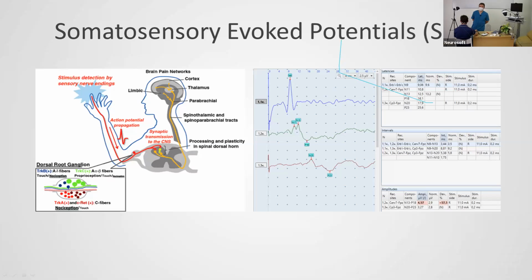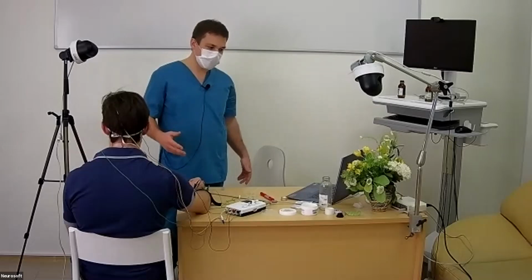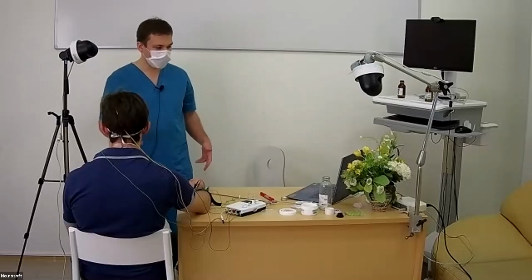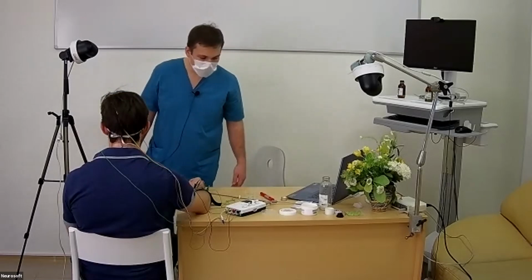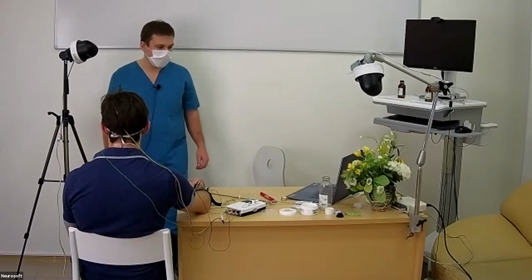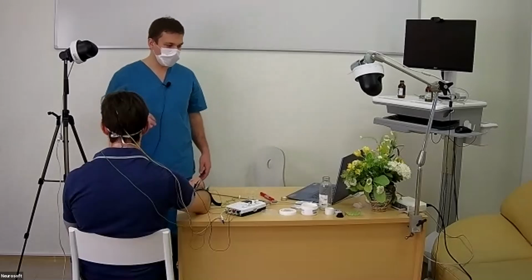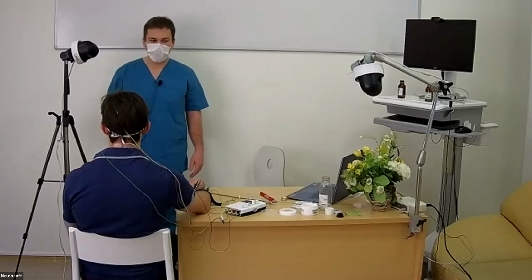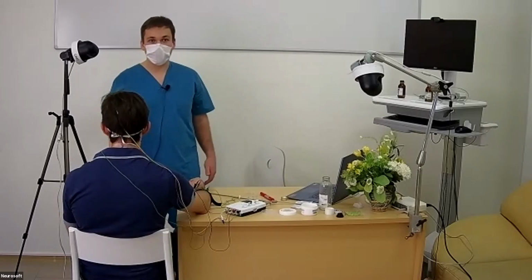Good afternoon, dear colleagues. Today we will discuss and try to illustrate practical parts of different EMG and evoked potential methods. First of all, we will start with somatosensory evoked potentials. To save some time, we have already applied the electrodes, but I will show how to do it.